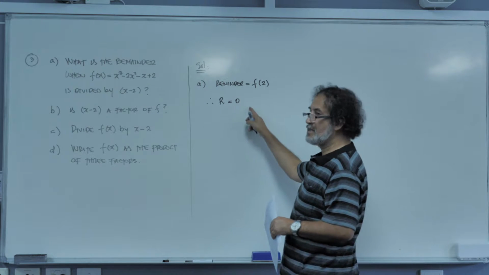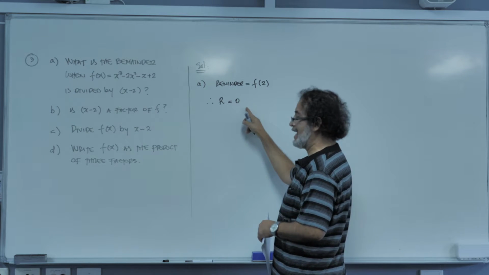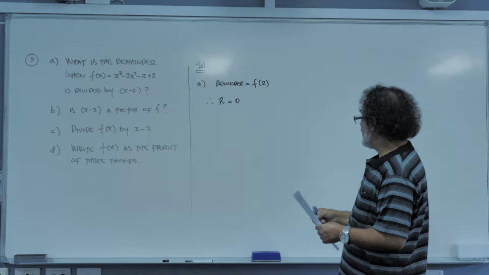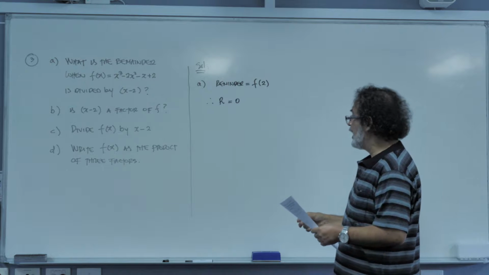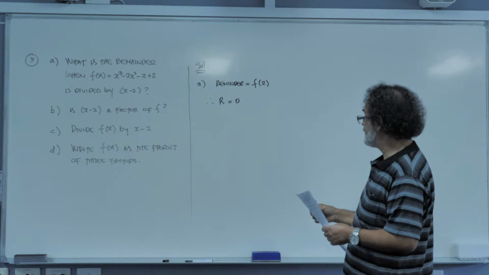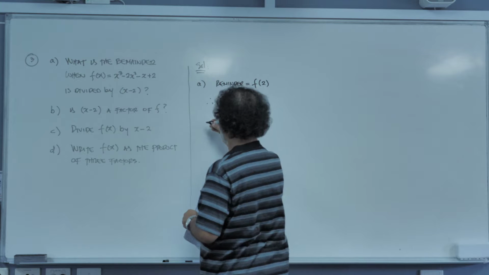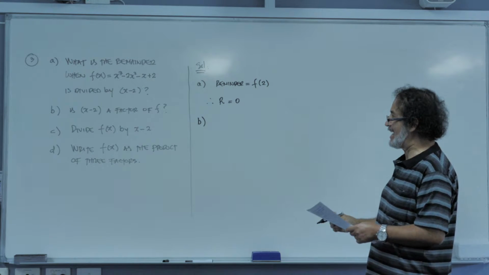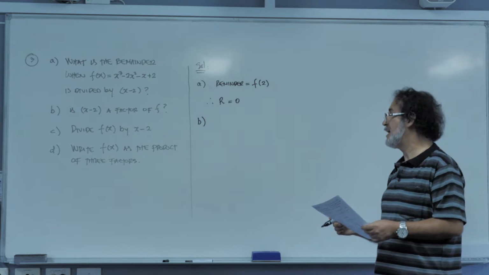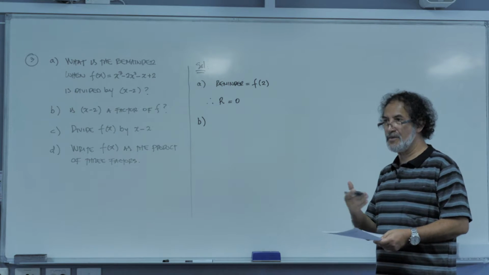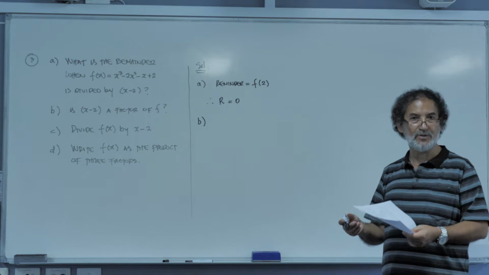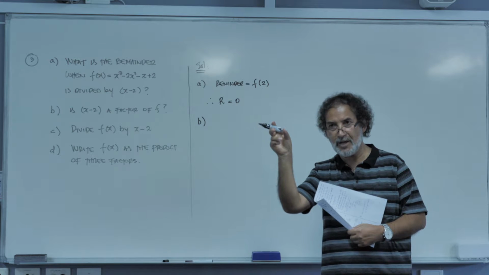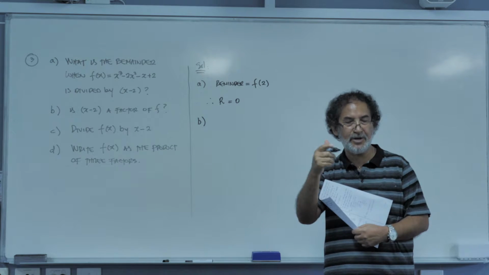Okay, this is very, very important, and this will take us to that thing that we call the factor theorem. So if the remainder is equal to 0, then we can answer the next question B. They say is x minus 2 a factor of f? Yes, because the remainder is equal to 0. So that means that you're going to have a set of brackets, and then you're not going to have a remainder.